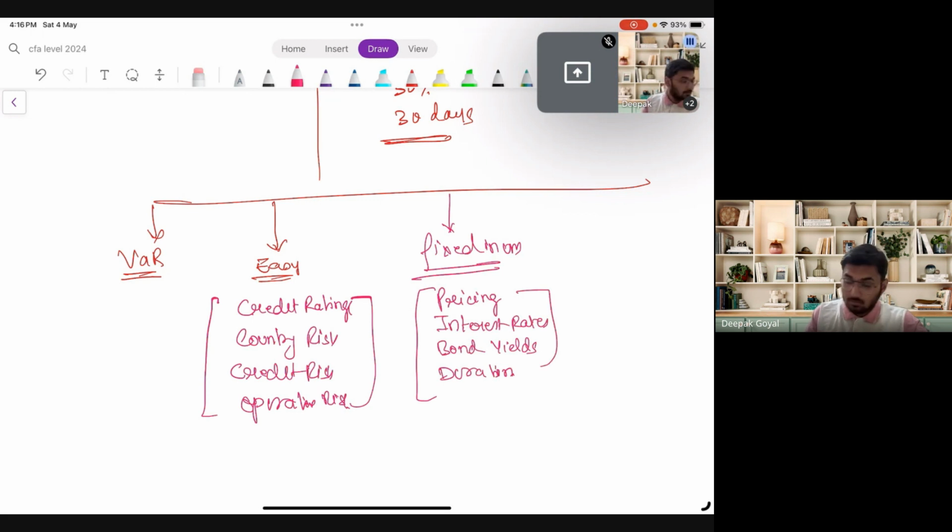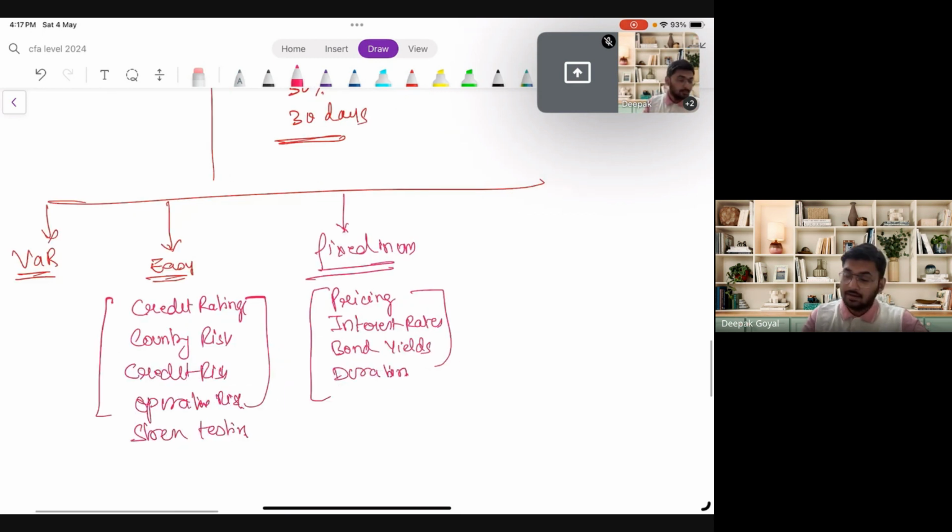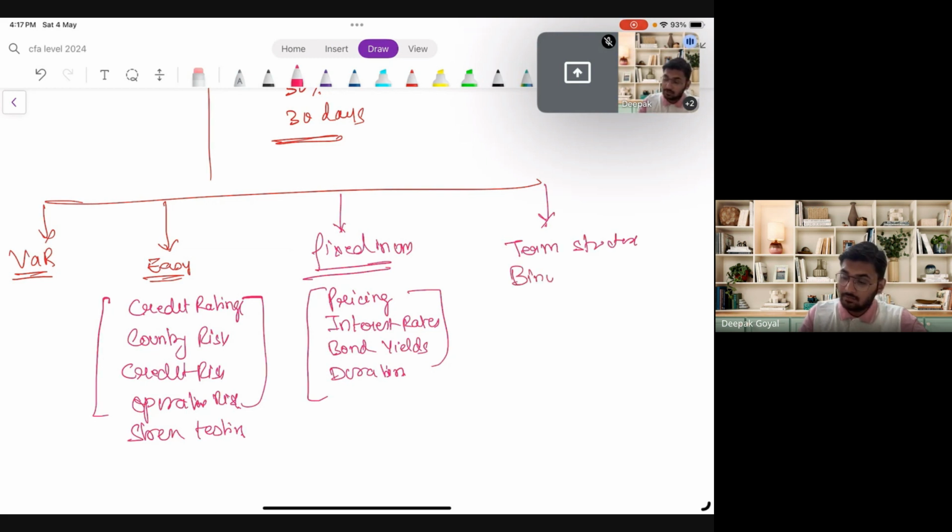Now, over here, one more: stress testing. Clear? And then we have a last block, which is about the term structure, binomial tree, then the Black-Scholes-Merton model, and the last one is option sensitivity, which I call the Greeks.